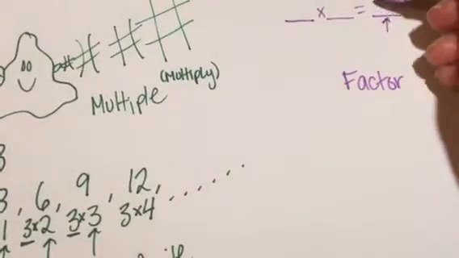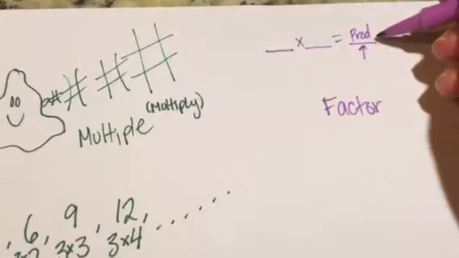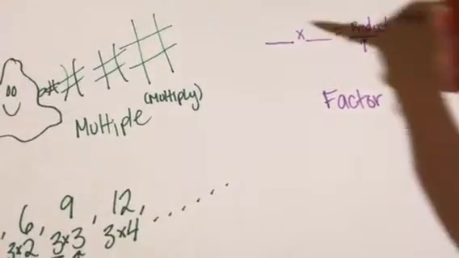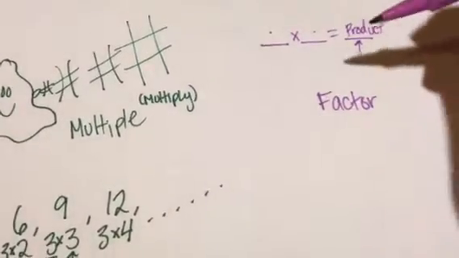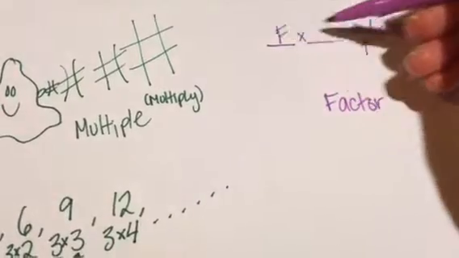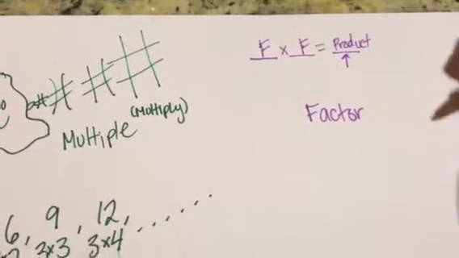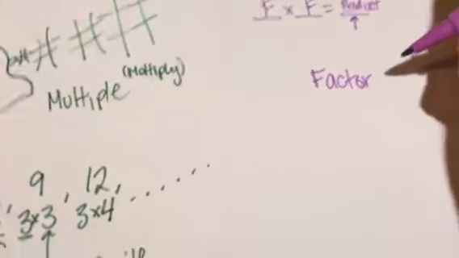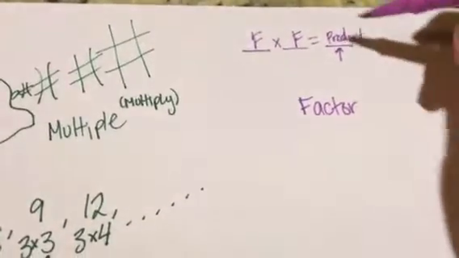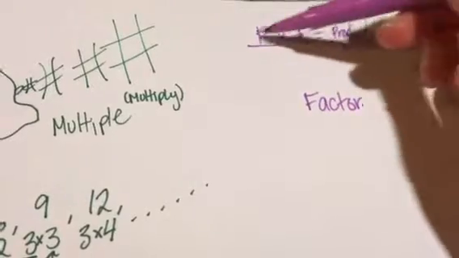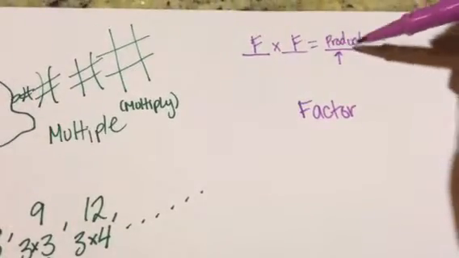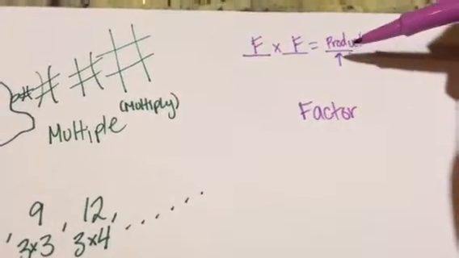This, you guys know, is the product. And then this and this were the factors. So you have a factor times a factor equals a product. So when you're trying to find the factors of a number, you're trying to find what can I multiply together to give me that number, that product.